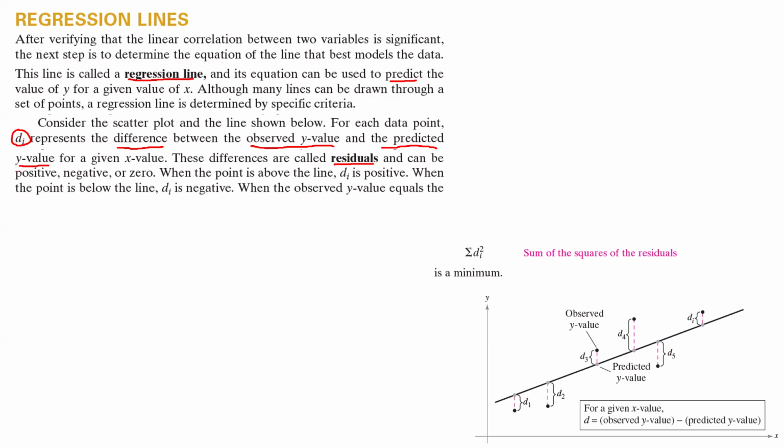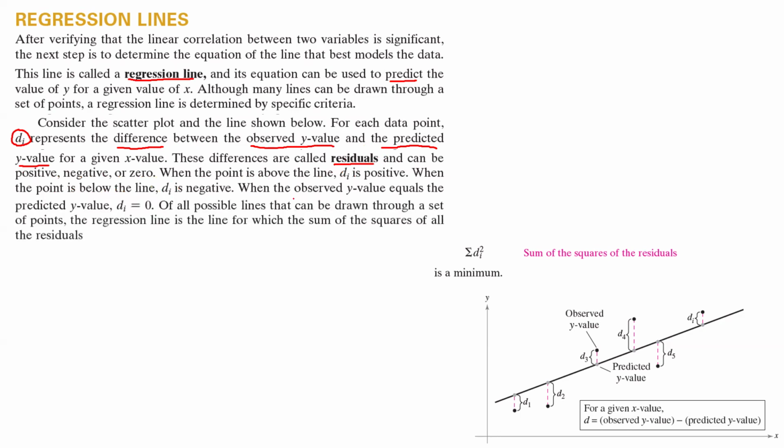The d sub i's can be positive, negative, or zero. When the point is above the line, d sub i is positive. When the point is below the line, d sub i is negative. And if it's exactly the same as your value, d sub i is equal to zero.